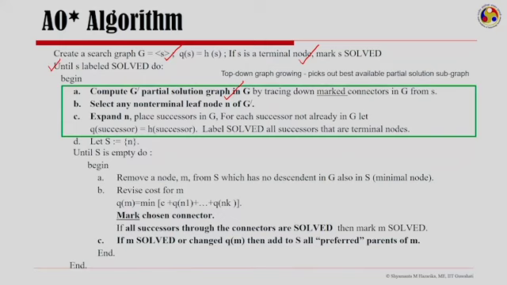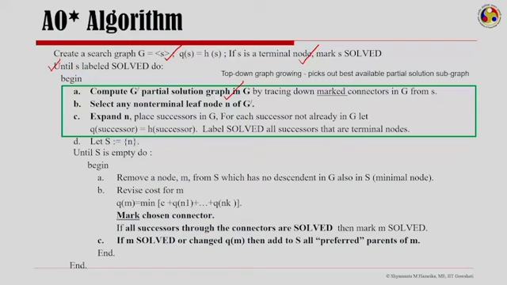Now, this is where one needs to understand that unlike the A star algorithm, where we also keep the estimate of the cost of coming to the current node, apart from the estimate of the cost of going from the node to the solution, the AO star algorithm only keeps the promise of each node. This is because every time I am coming through the best possible way via the marked connectors.